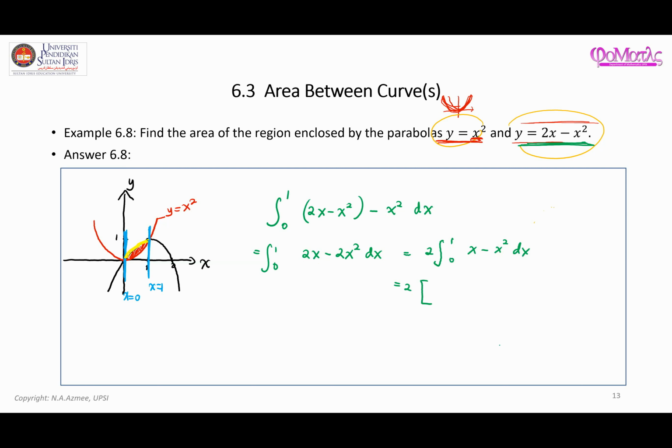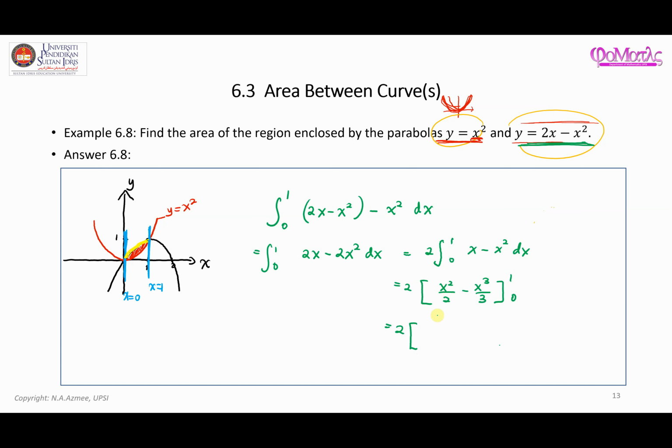Next you will have the result, which is equal to 2 times x squared over 2 minus x cubed over 3, evaluated from 0 to 1.